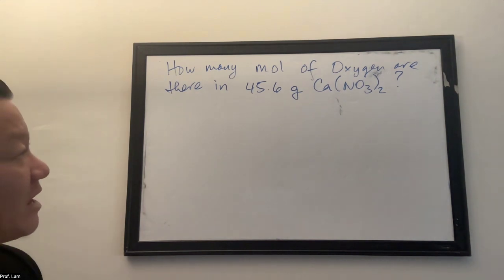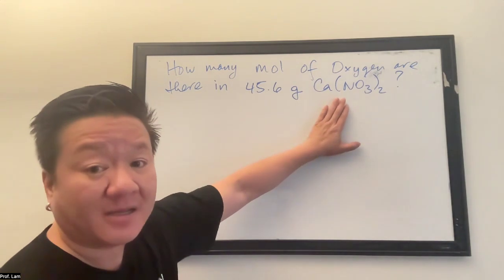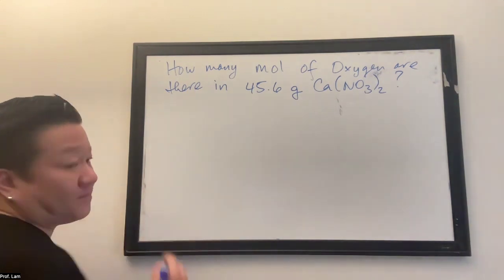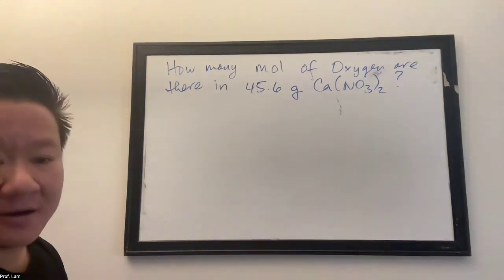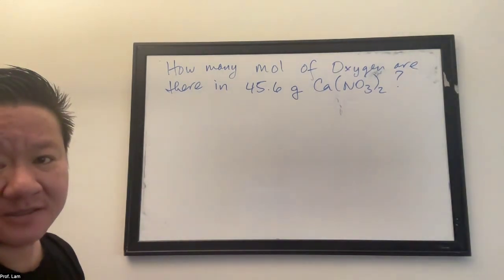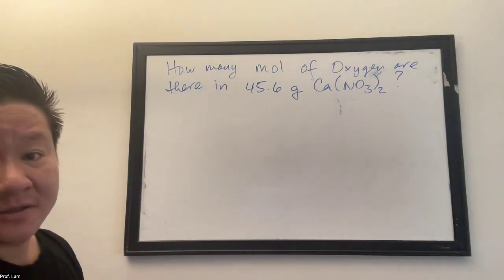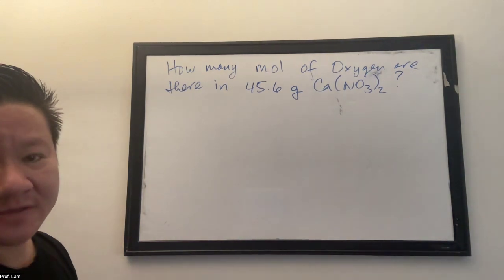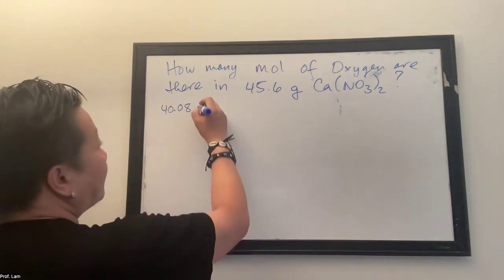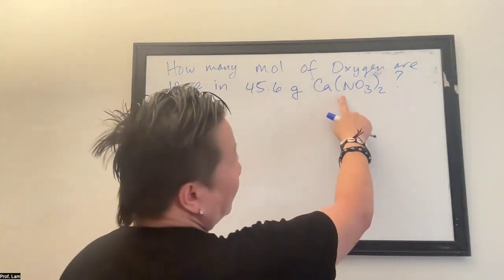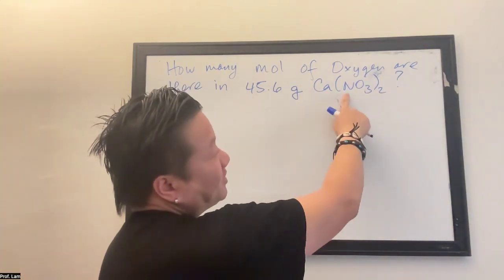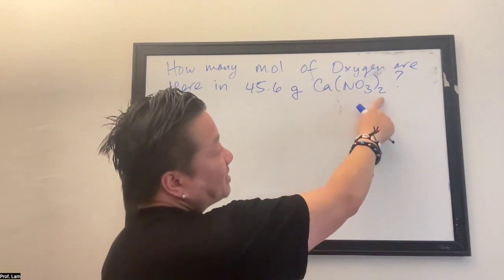So we need to first get the molar mass of this. Let's look up our periodic table for calcium's molar mass, which is 40.08. I'm going to add that to the nitrate, NO3, but you've got two of them, so make sure you multiply through. That means you actually have two nitrogens.